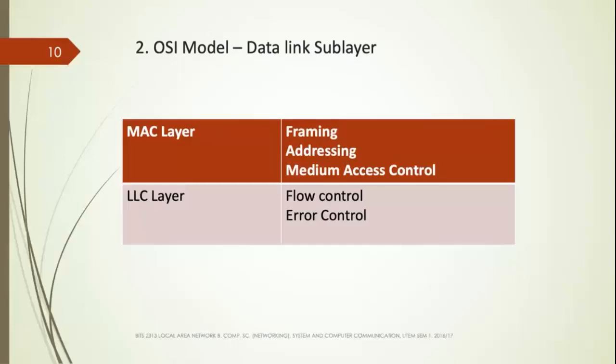For example, if we want your computer to communicate with an access point, the data link layer is responsible to make sure that your computer is able to communicate with the access point. That is the meaning of medium access control.